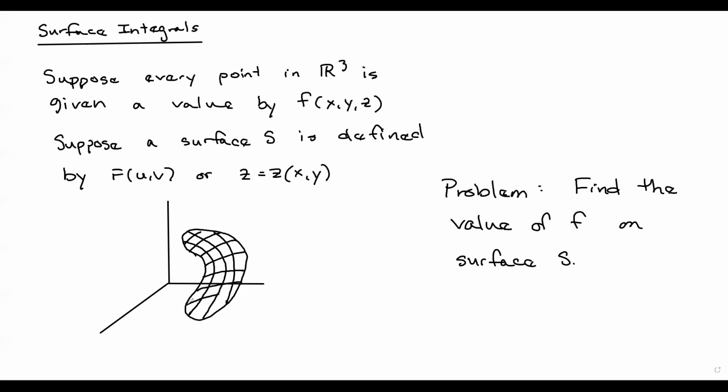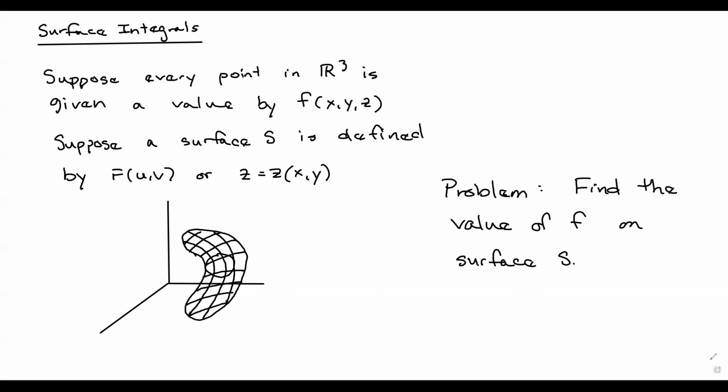And what we want to do is find the amount of function value on each patch. In order to do that, we're just going to grab one patch. We'll say we're going to grab this patch here. Say that's a representative patch. And then if we can find the amount of f times surface for that patch, we can then add up a bunch of those, to represent all the other patches, and end up with an integral. So let's go ahead and do that.